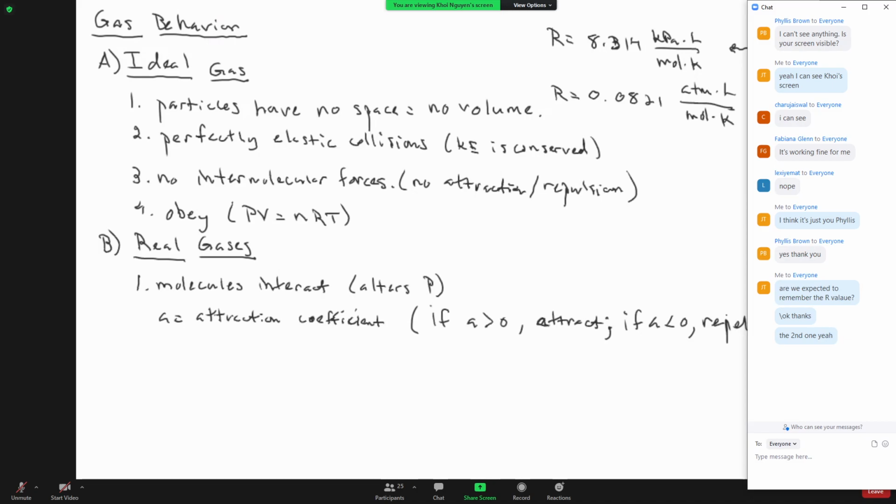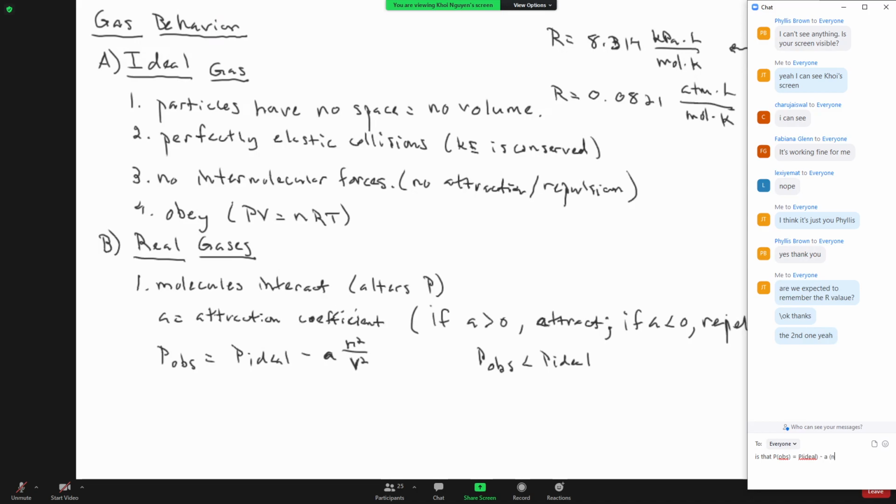So what we notice is that the observed pressure is the ideal pressure minus that attraction coefficient times the number of moles all over the volume that you have for those molecules. Notice that when they attract, P observed is going to be less than P ideal because there's less force from molecules colliding with each other. So less collision force or collision frequency.